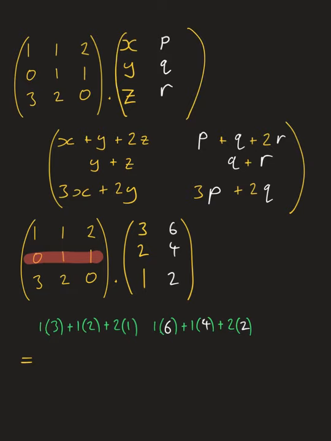Then, for the second row, first column in the answer, we use the second row of the matrix on the left and the first column of the matrix on the right. And then exactly the same thing for the second row, second column in the answer.